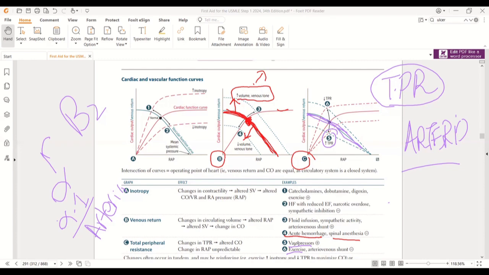If you constrict the arteriole, it will increase the TPR. If you dilate the arteriole, it will decrease the TPR. TPR means total peripheral resistance, and it is mainly determined by arterioles.